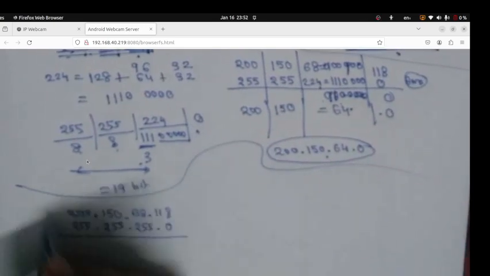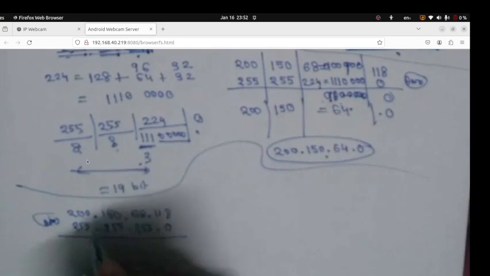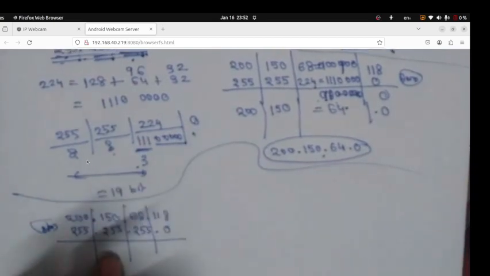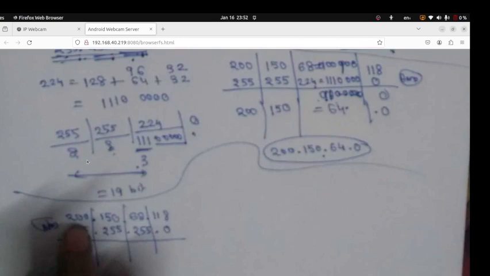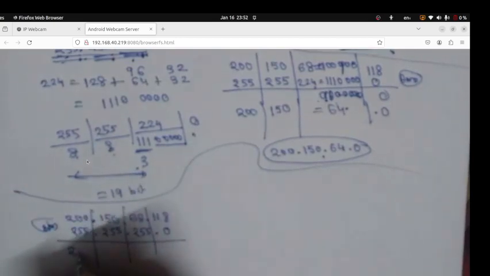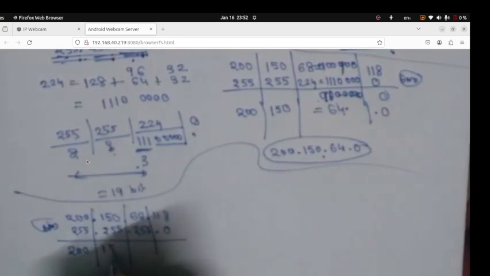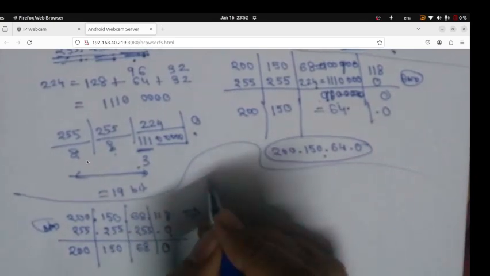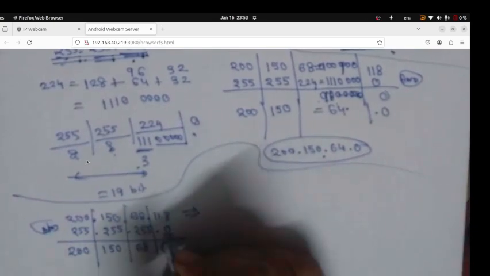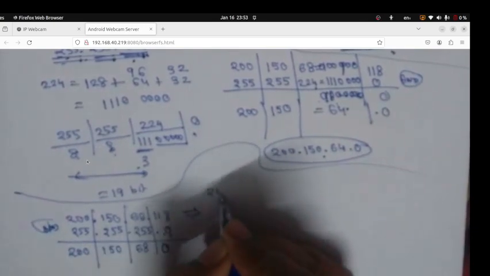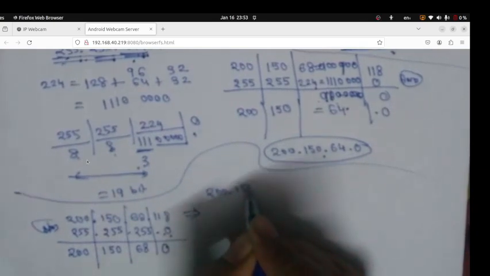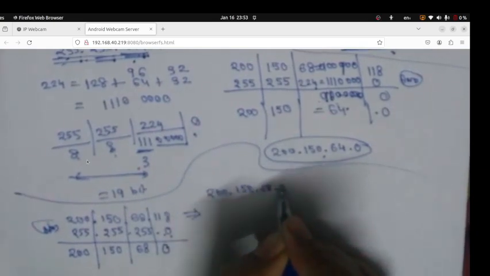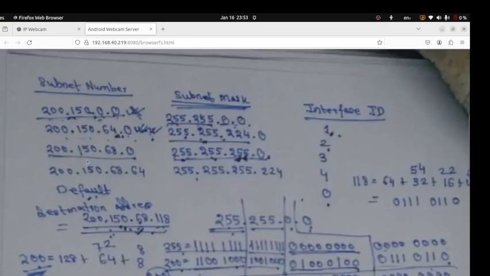If we do this AND operation, for 255 there will be no change from the original value. So the AND operation result will be 200.150.68, and with 0 the result of the AND operation will be 0. So the network address I get after the AND operation with the destination address and the corresponding mask is 200.150.68.0.